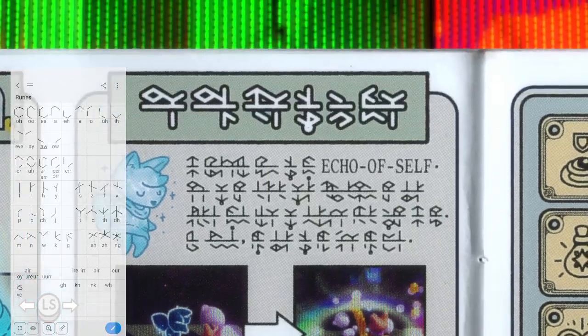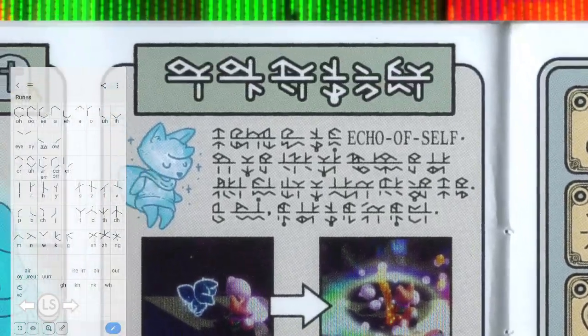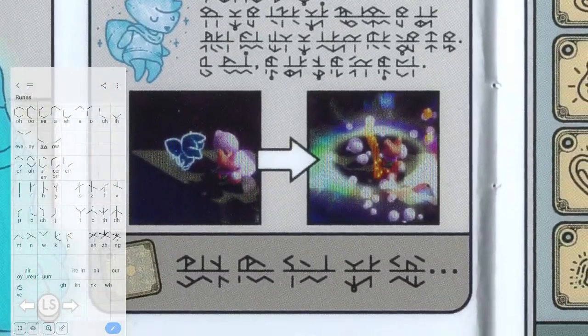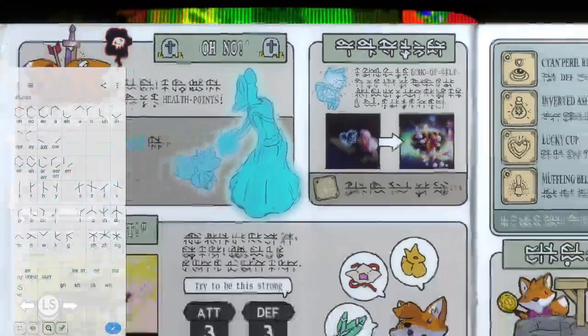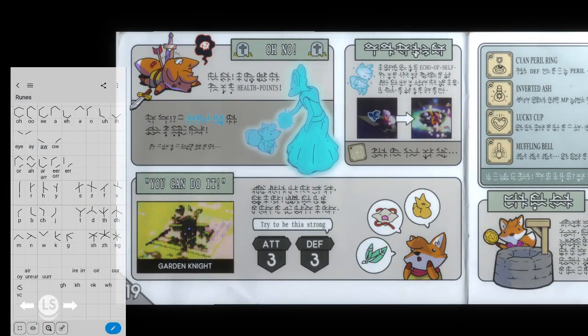This is about recovering. Yeah, the Echo of Self. Let me just bring back that translation I wrote up. Fossils of Self, annealed visions of the future.